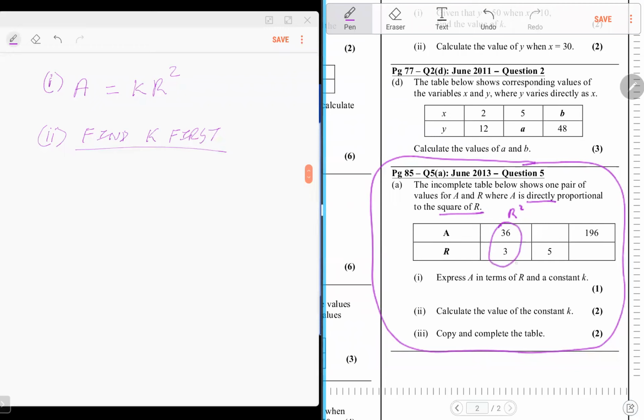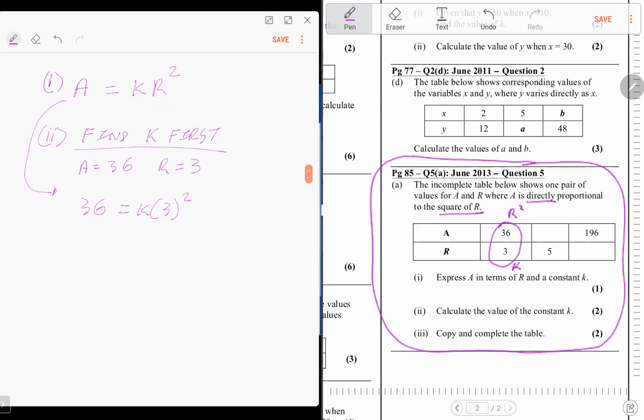Use this known pair to find K. That known pair is that A equals 36 when R equals 3. Put them in the formula you have there. So you're going to say, 36 equals K times 3 squared.